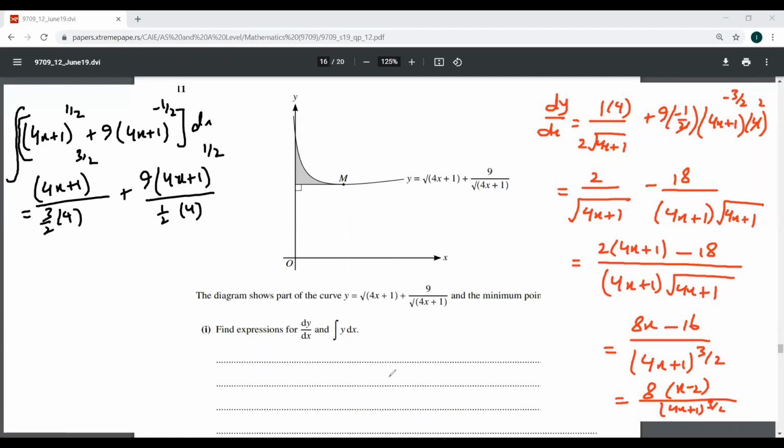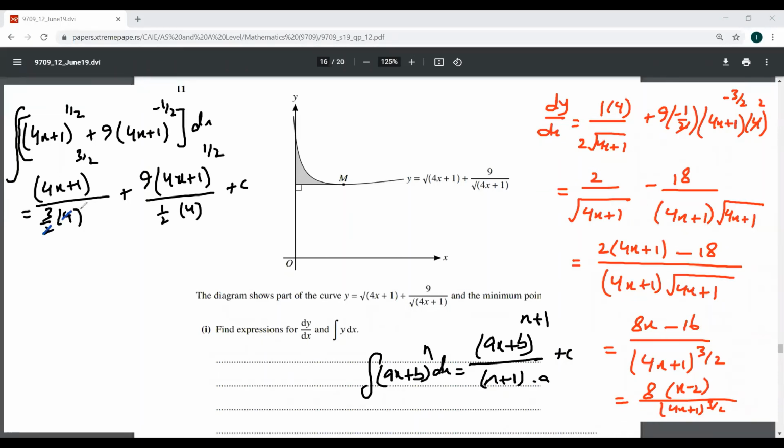Remember, when you have to integrate ax plus b raised to power n dx, this is ax plus b raised to power n plus 1 over n plus 1 times a, and don't forget to write plus c. So I'll be writing this plus c over here. Now he was just asking for the expressions. We can leave it up to this if you want. But just for the sake of revision, I'm going to tell you how to further simplify this.